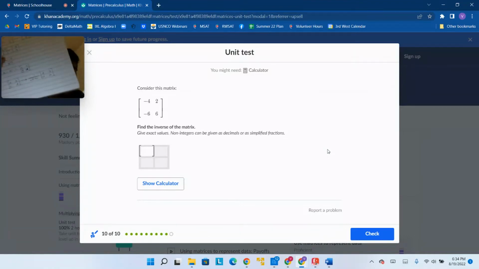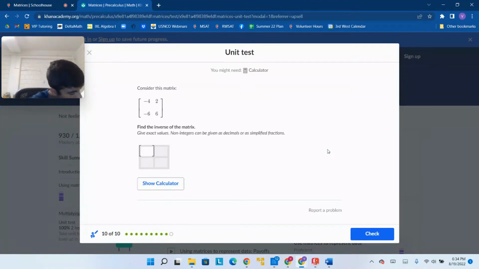Okay, so now we just plug in negative 4, 2, negative 6, and 6. The determinant here is going to be negative 24 minus negative 12, or negative 12 in all. It's going to be negative 1/12 times the D, which is 6, negative B, which is negative 2, negative C, which is 6, and A, which is negative 4.